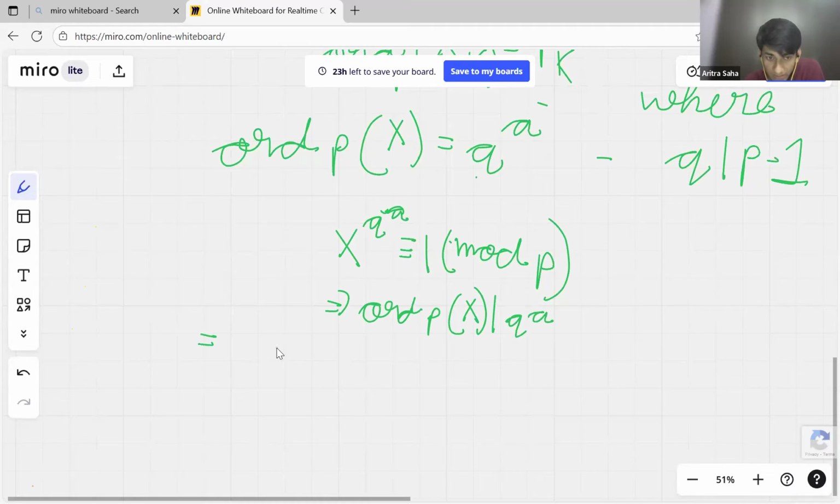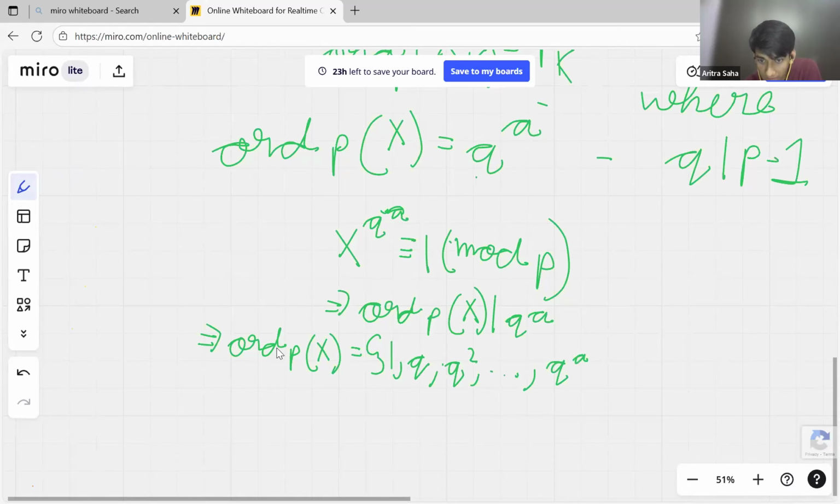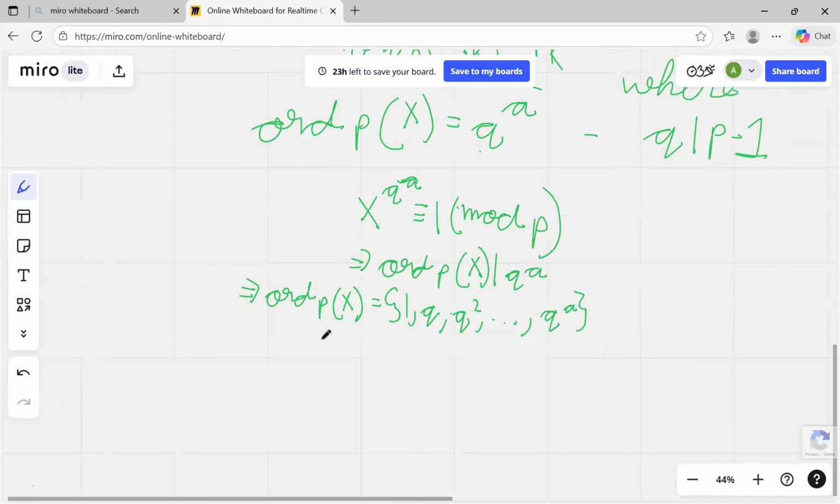That means the order lies in the set 1, q, q squared, up to q to the power a. I'm not trying to prove a contradiction.